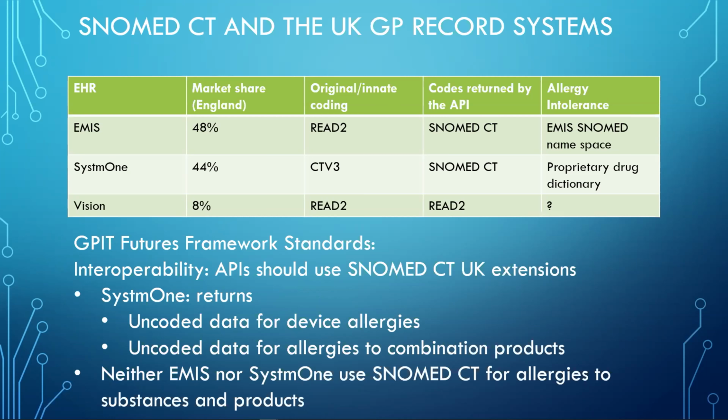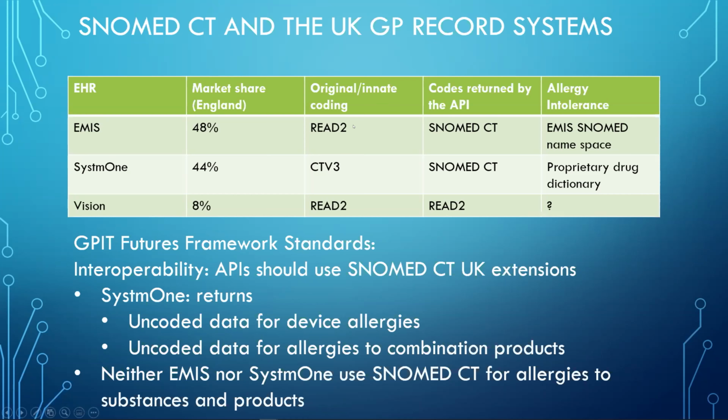In 2013, NHS Digital had awarded a contract for general practice record systems in England. We find ourselves now with three players in England. There is a fourth, but they have so little market share, less than 1%, that we don't count them. So the market is dominated by EMIS and System 1. There's a third player, Vision, who has about 8% of the market and is more important in Wales and Scotland.